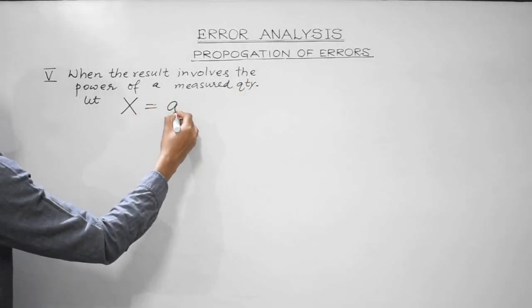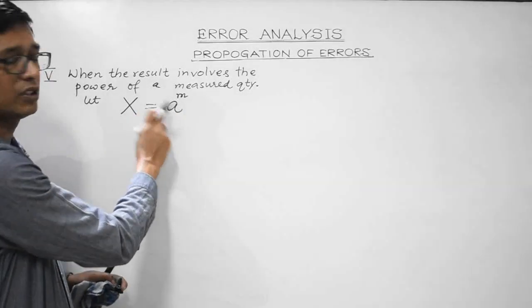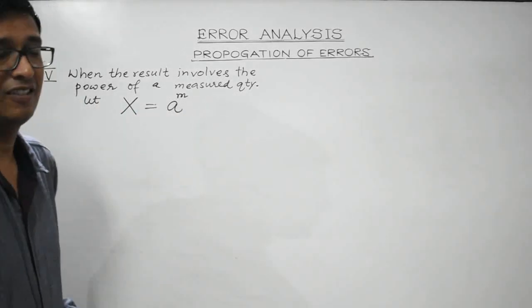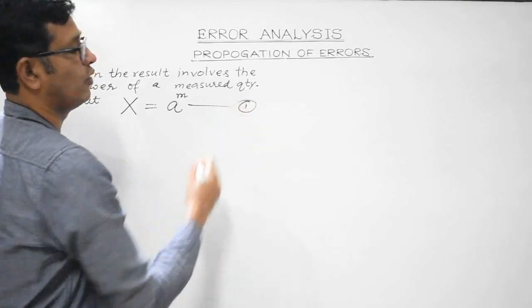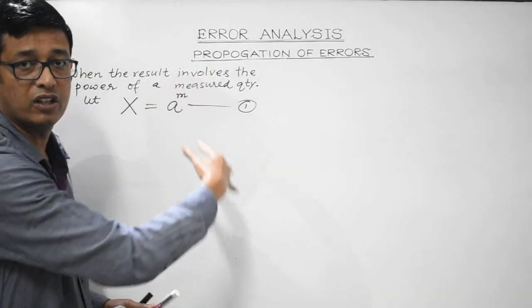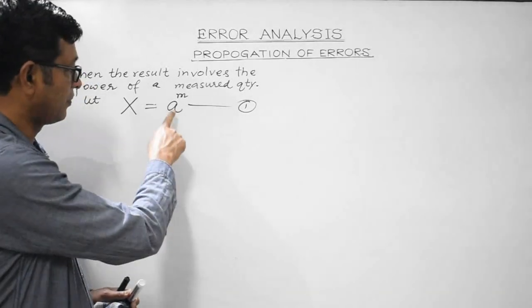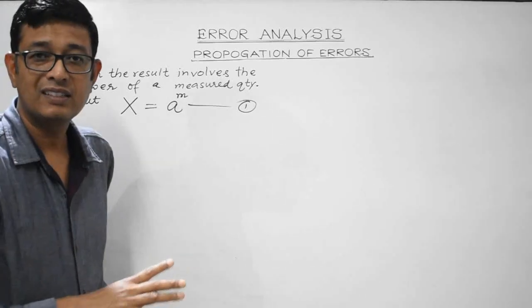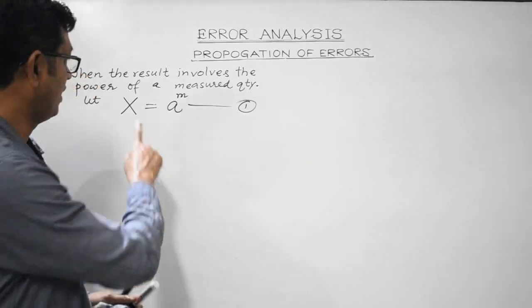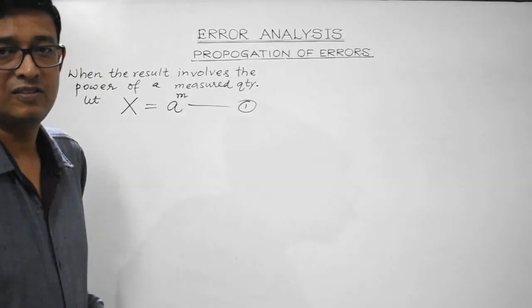So it is like this, a to the power n. n is the power of this measured quantity which is a, right? Put this as equation 1. Now students, look, this is the fifth time we are doing it in the same manner. So a is the measured quantity, let its absolute error be del a. x is the result, let its absolute error be del x.